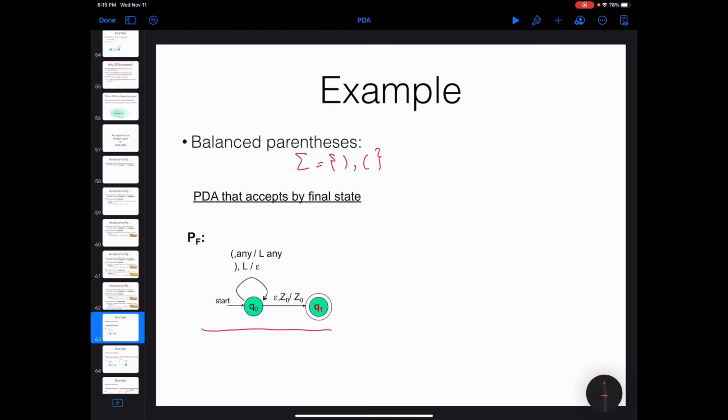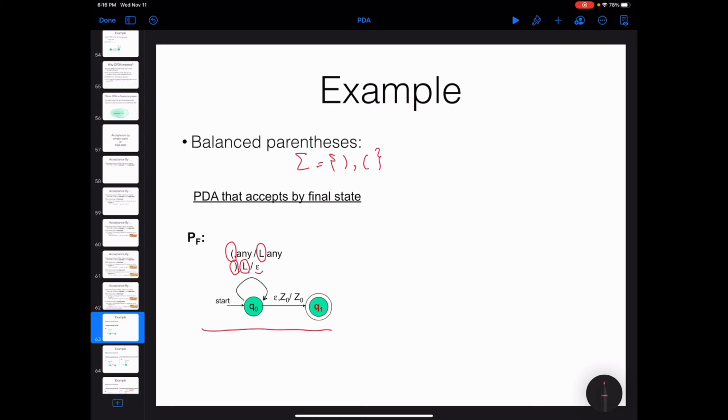Okay, so you can see that basically in the state Q0, for every open parenthesis that we will see, it doesn't matter what is the top of the stack, I just push a token to the top of the stack. And for every closing parenthesis, the top of the stack should be an opening matching to that, and you pop it.